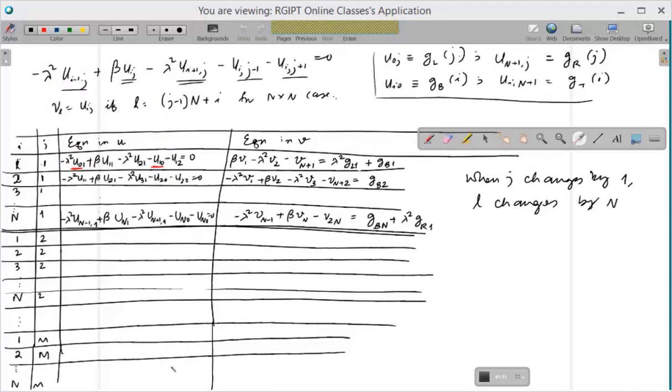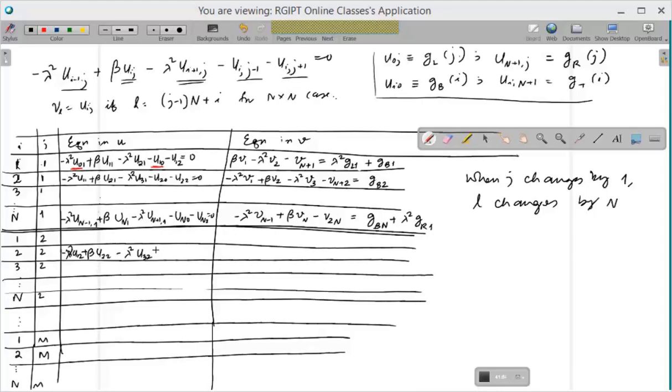One more representative case I want to state here would be, let's say, 2 2 or 3 2, either of them. 2 2 would look like minus lambda square u12 plus beta u22 minus lambda square u32.